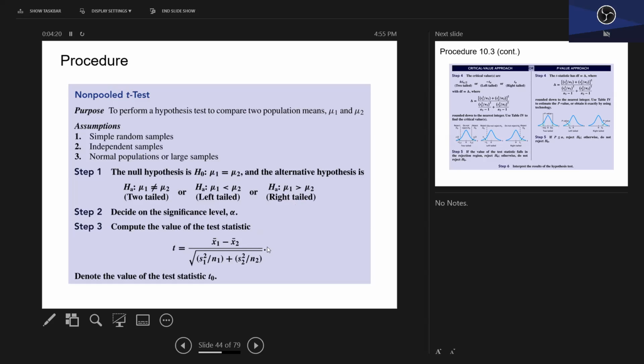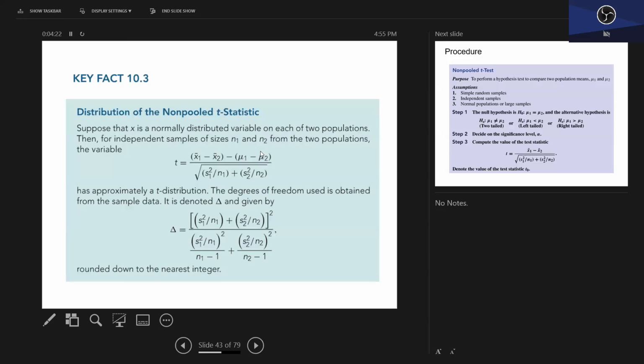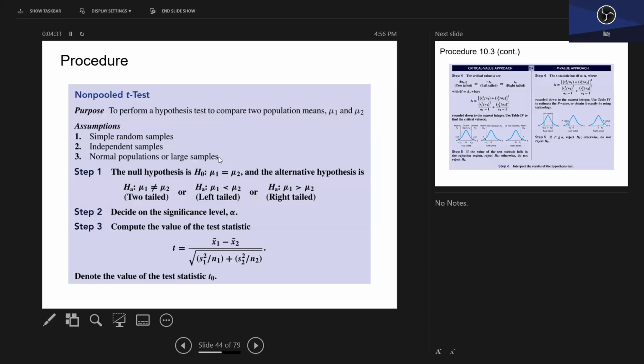So it is the same, but we just assume mu1 equals mu2. This is a minus 0 on this part, and then this part is gone. So what we've got is simply x1 bar minus x2 bar. This is where it comes from. That's step 3.